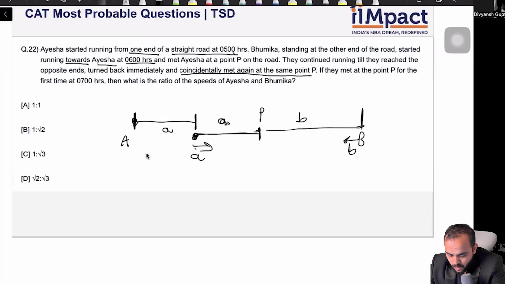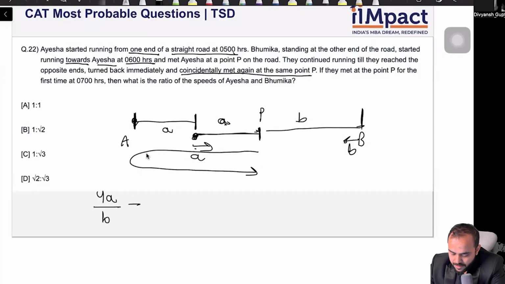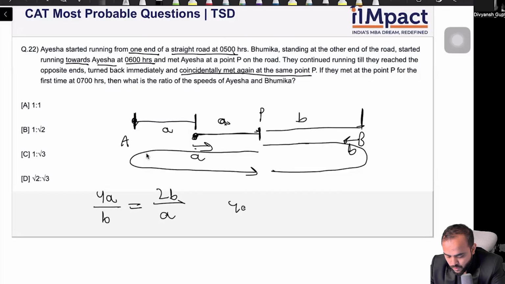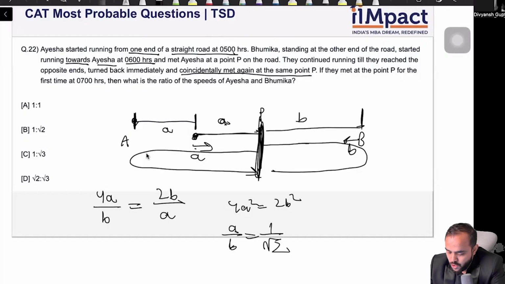Now, Bhumika will travel this 4a distance, 2a by 2a, at a speed of b, which should be the same as Aisha traveling b plus b, that is 2b, at a speed of a, which means 4a square is equal to 2b square, because you want to meet back at the same point, or a by b is equal to 1 by root 2, or option B.